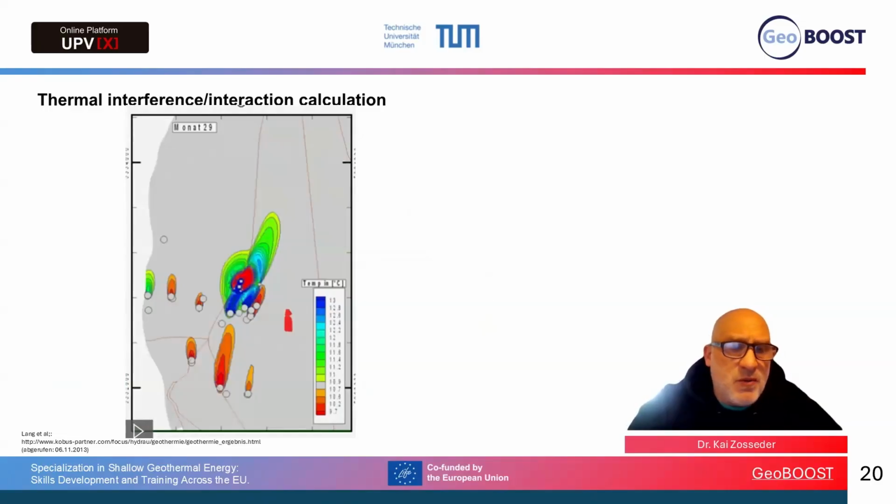So you have several wells using groundwater for cooling or heating. You see that if you use it for cooling, you have a warm plume. If you use it for heating, you get a cold plume. And on the top, you see also a system which uses it for heating and cooling. So it's overlaying the cold and hot plume. And in such a situation, you need a numerical model.